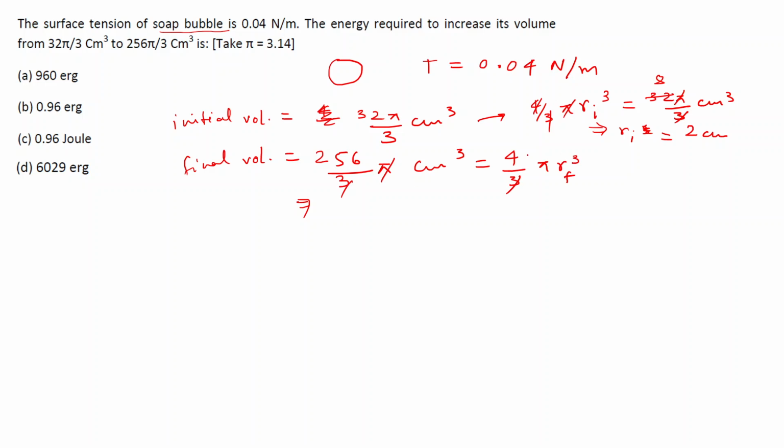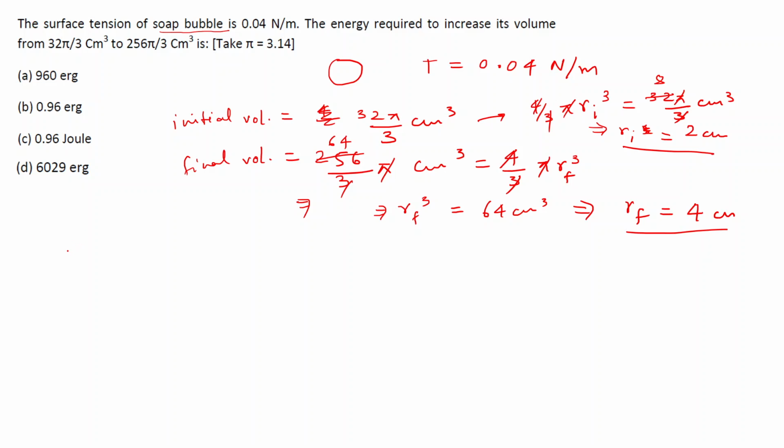So again pi cancels, 4 into RF cube is 256, so RF cube is 64 centimeter cube. It implies that RF value is 4 centimeter, right? Because cube of 4 will be 64. So we have obtained our initial and final values.